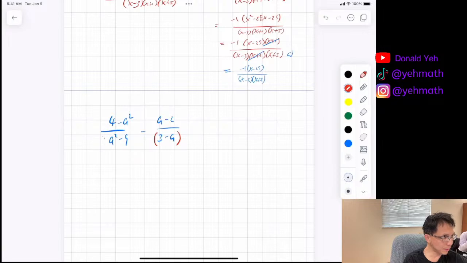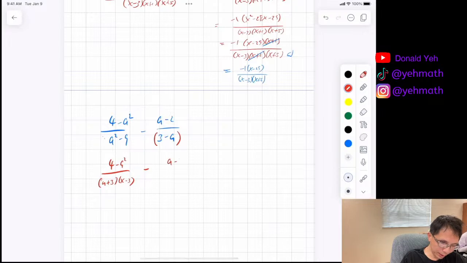Does that make sense? Because if I factor out a minus 1, I will have descending order: a variable and a constant, first degree and 0 degree. So I'm going to do that first. 4 minus a squared over a plus 3 and a minus 3. Is that okay? If I factor out, it's going to be a minus 2 over a minus 3 with a negative sign.